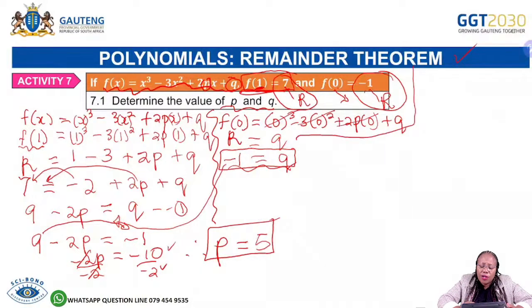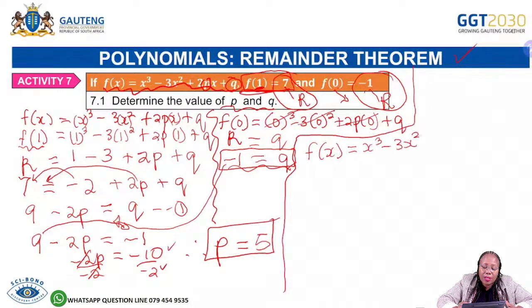And now grade 12, maybe an examiner asks you to write this f at x now with real values. Remember, initially we were given x cubed minus 3x squared plus 2px plus q. Since we now know the values of p and q, we can now bring in those values.